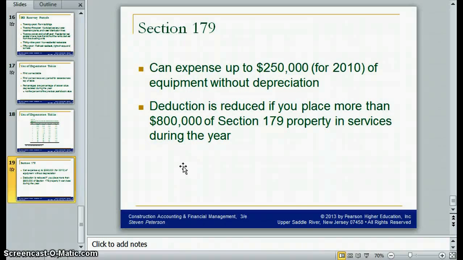It allows companies, and this is for 2010, so I am sure for 2013 these numbers will be different, but back in 2010, companies could expense up to $250,000 of equipment without depreciation, meaning that you could see it as a fully accelerated type of depreciation, where companies can take the full expense in the year that they apply that expense for tax purposes.